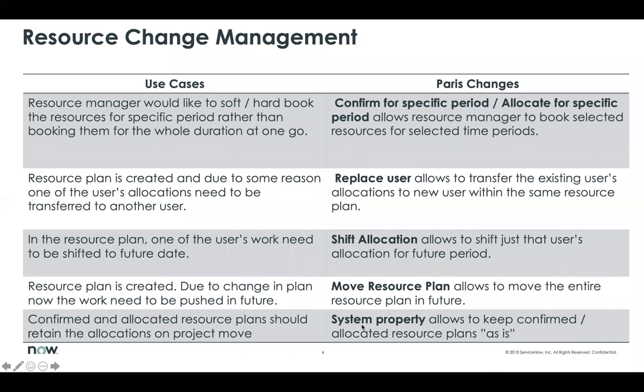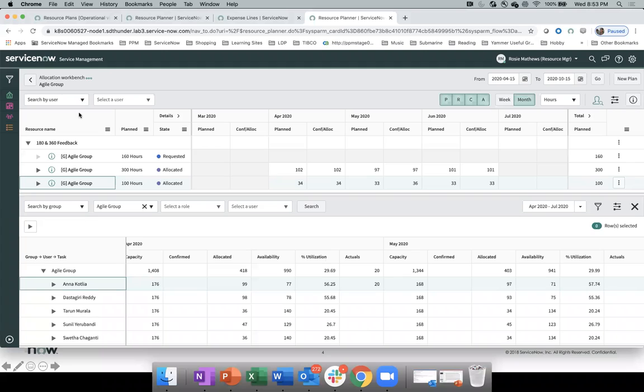So what we have seen in the past is that, as a project manager, when a project is moved, and it has any confirmed or allocated resource plans, those resource plans used to go back into the requested or canceled state, depending upon the time period of the resource plans, right? So now that has been fixed, that has been made better.